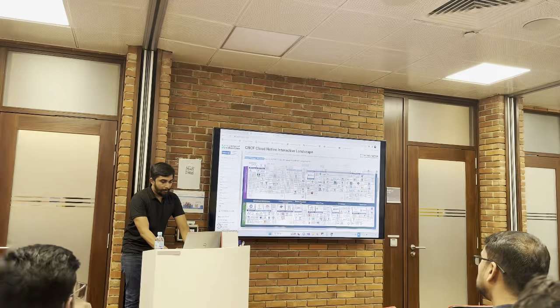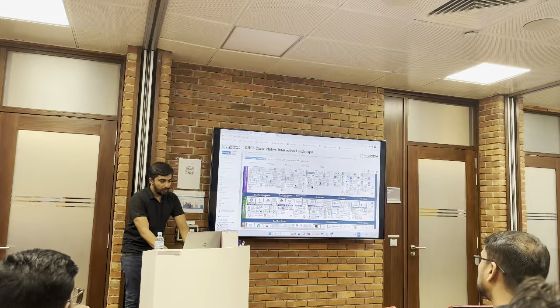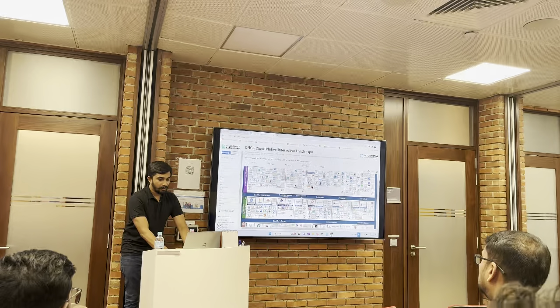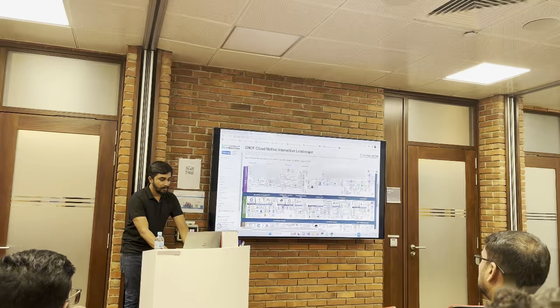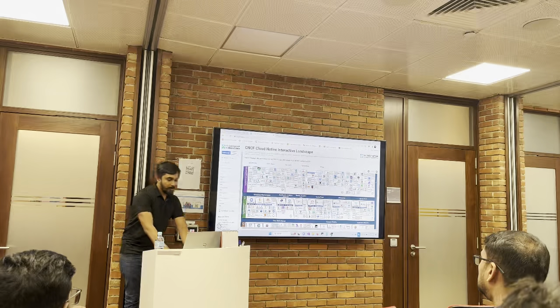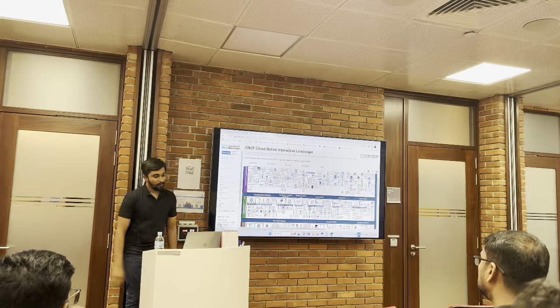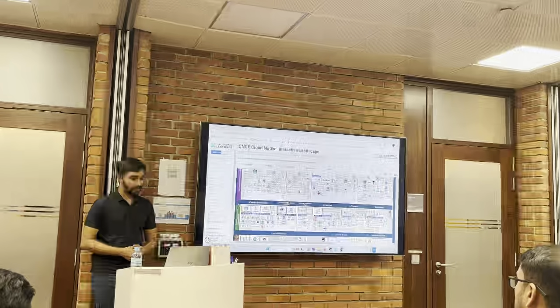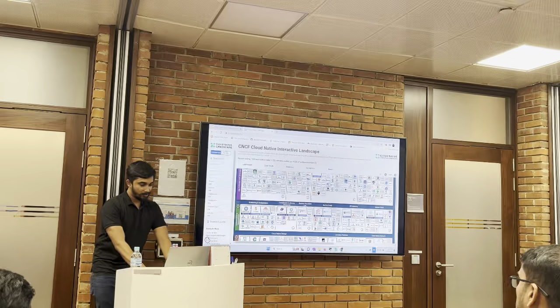And then like I said, you can see in scheduling and orchestration you have Kubernetes. I would say Kubernetes is the grandfather here, because without Kubernetes, some of the tools are not possible.